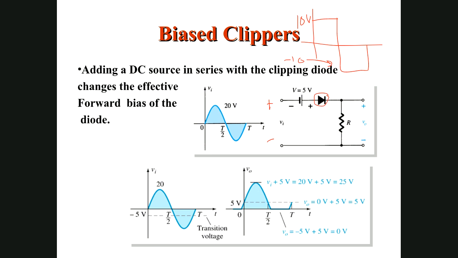You know, this is the P side and this is the N side. Now if you have got more than one voltage, you have to consider them one by one. This P and your input is positive, which means your input signal is making it forward biased. As far as this battery is concerned, this P and this battery positive means both of the signals are making your diode forward biased. Thus your diode will be forward biased.